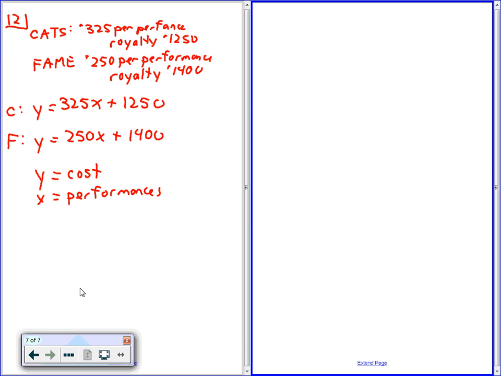So here we go. Today's lesson is called slope. So we're going to say slope is the steepness of a line.